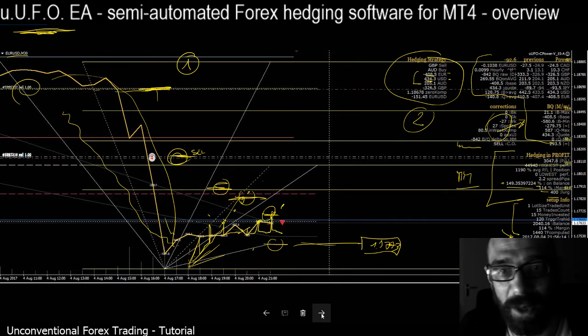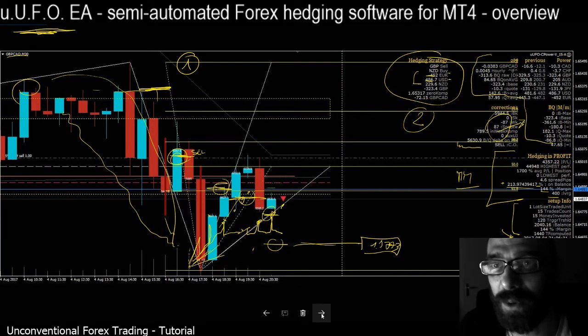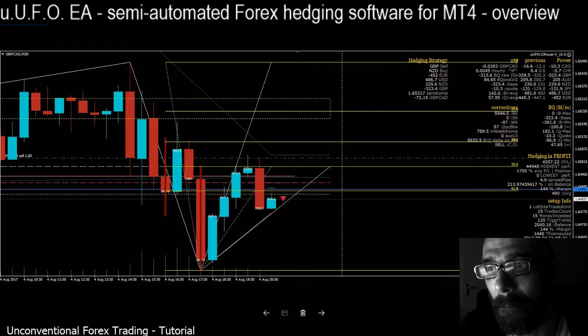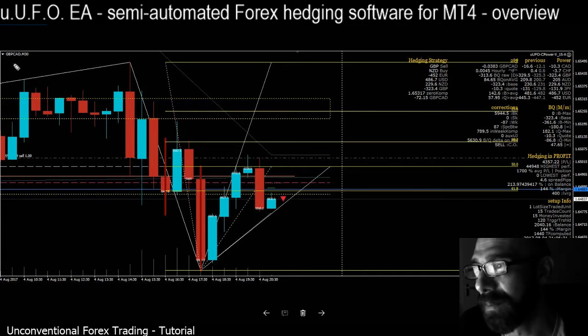Let's grab another example just to show you what it is about. Here we have another currency pair, the GBP/CAD.